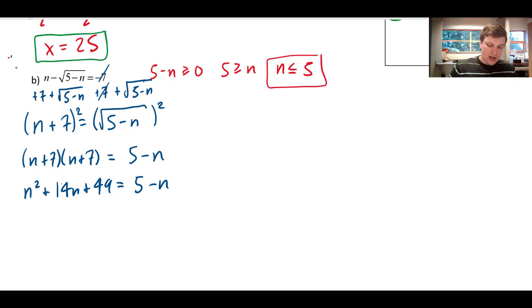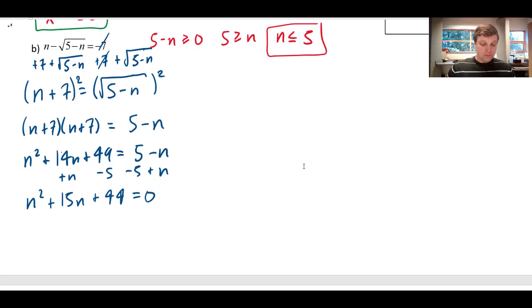So I can collect like terms. So add n to both sides, subtract 5 from both sides, and I get n squared plus 15n plus 44 equals 0. Now, I've got a quadratic and it's set to 0, so I could solve it a bunch of ways. I'm going to try and factor it first just to see if I can.